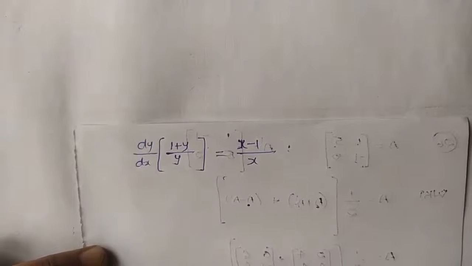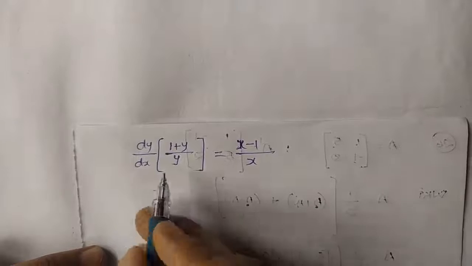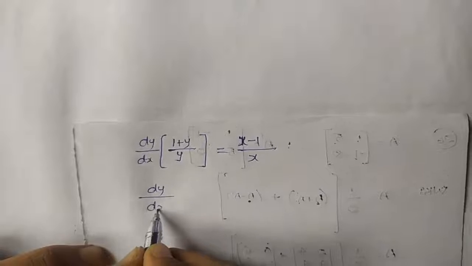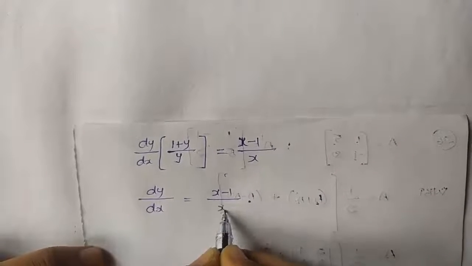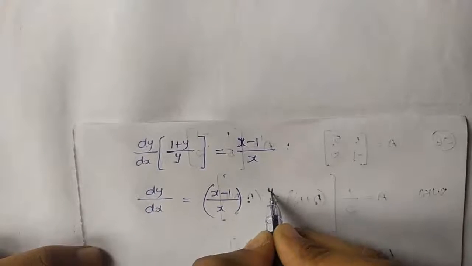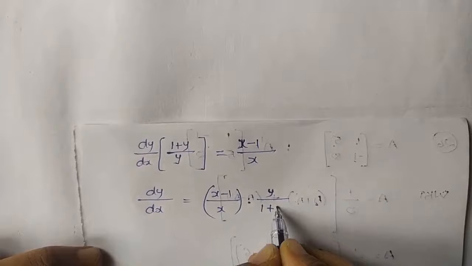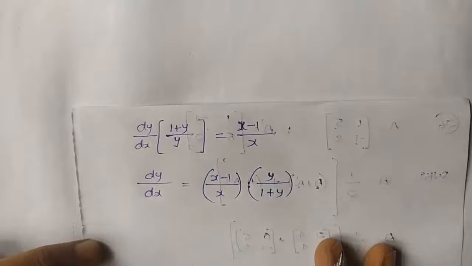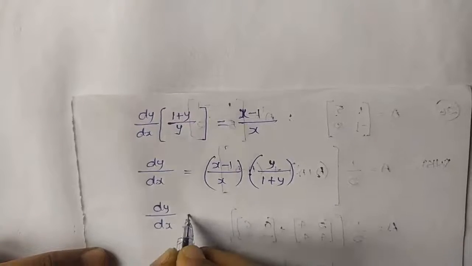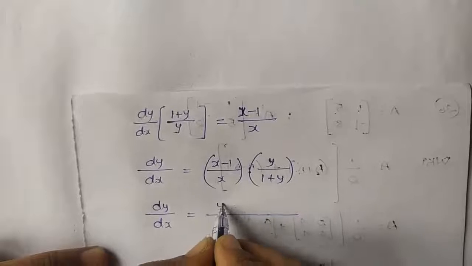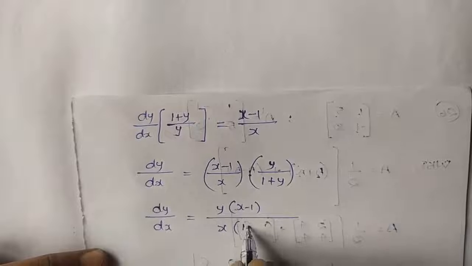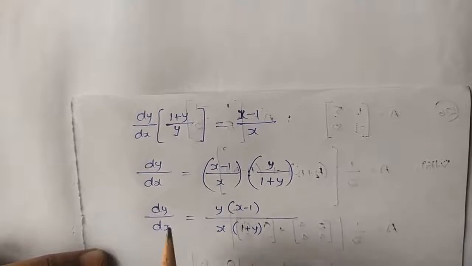Now dy by dx keep it as it is in the left side, send this 1 plus y by y to the right, then dy by dx equals x minus 1 by x into, if we send this 1 plus y by y to the right, that becomes y divided by 1 plus y. Now let us rearrange. Dy by dx equals y into x minus 1 divided by x into 1 plus y. Hence it is proved.